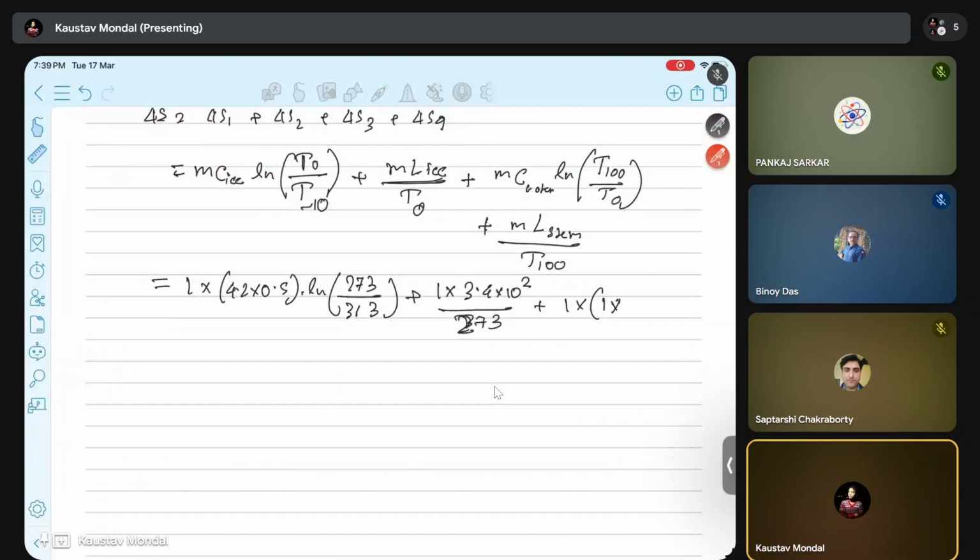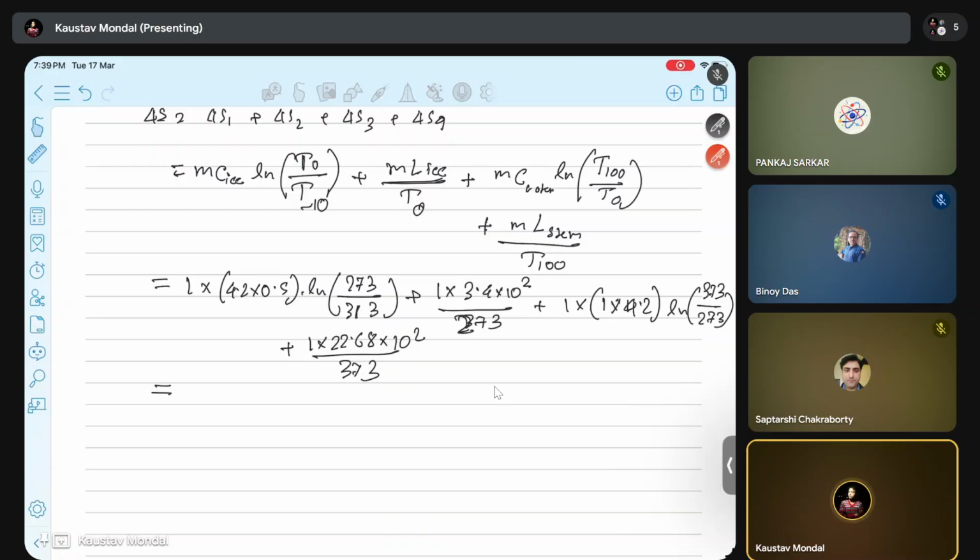So 1 into 4.2, that will give you kilojoule, into ln of 373 by 273. And lastly, the specific heat of steam, that is 1 into 22.68 into 10 to the power 2 by 373, right? So you have to be careful about the units. You have to convert the kilocalories into joule or kilojoule, whichever according to the problem.